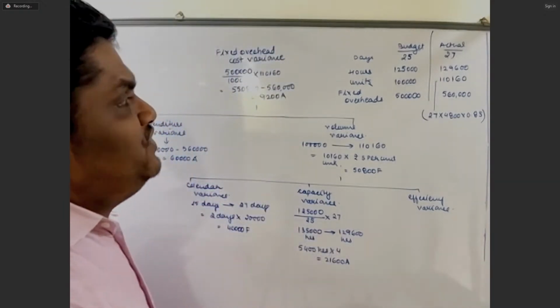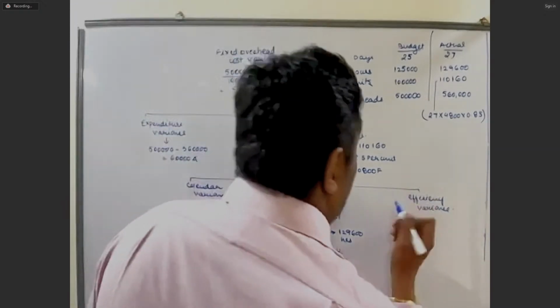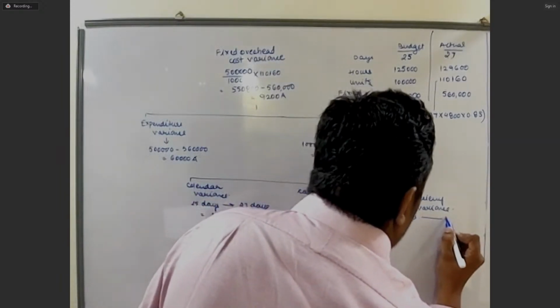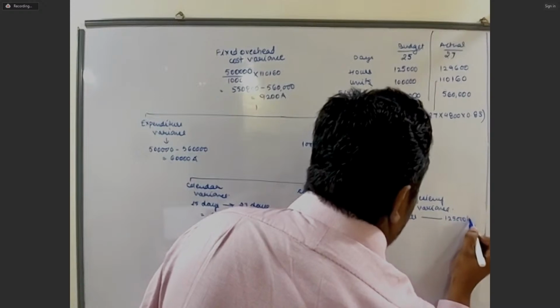We're talking about efficiency variance. 1 lakh units, 1,25,000 hours.